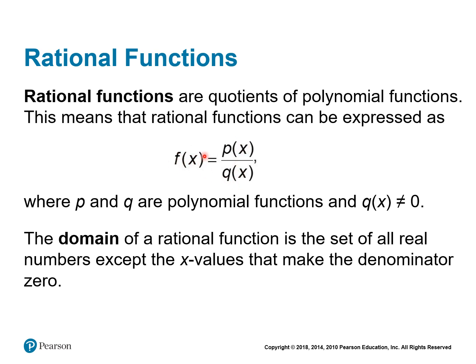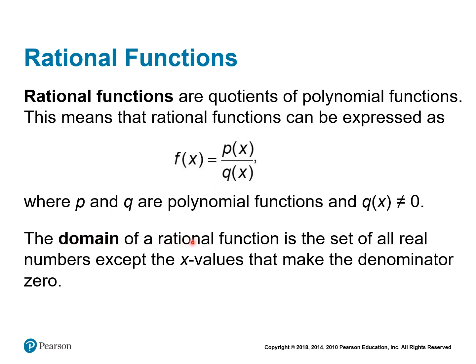So this function f of x here is written as p of x divided by q of x, where p and q are polynomial functions and q of x, which is the denominator, cannot be zero because that would mean division by zero, and division by zero is always undefined. All right, it does not give us a real number for an answer, right? It is an undefined value.